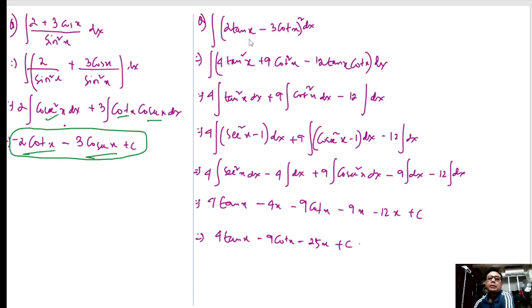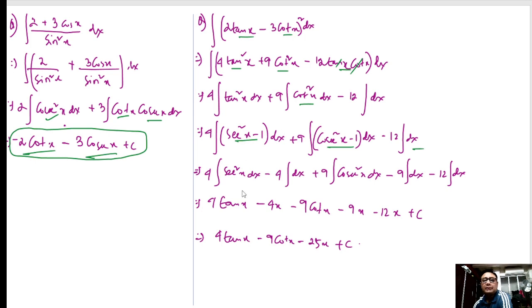Okay, now this minus this whole square, so we are doing a square plus b square minus 2ab. So tan square x can be written as sec square x minus 1, cot square x can be written as cosec square x minus 1, and tan x and cot x will get cut, so it is only 12 dx.